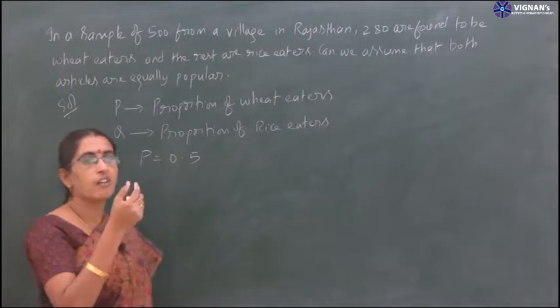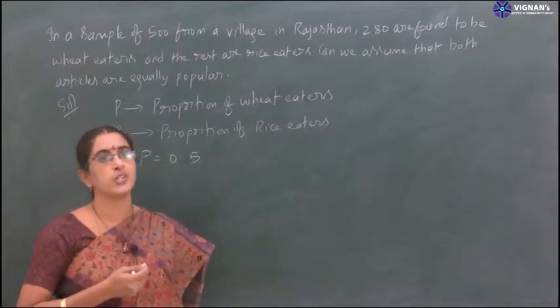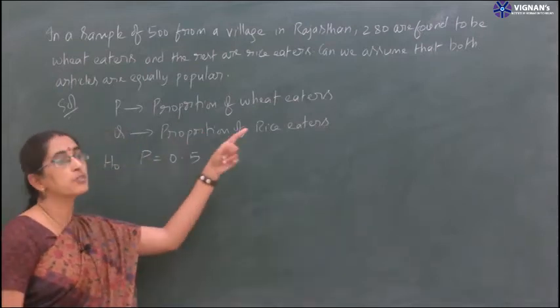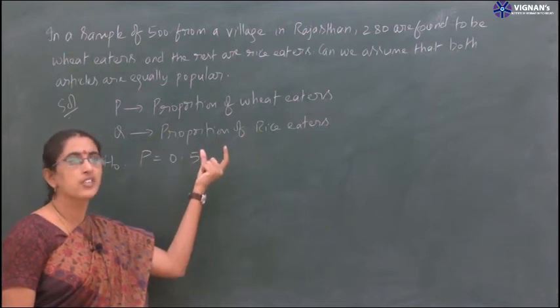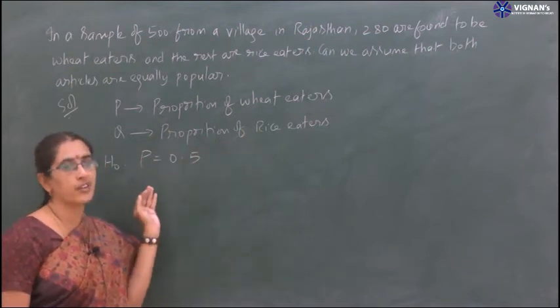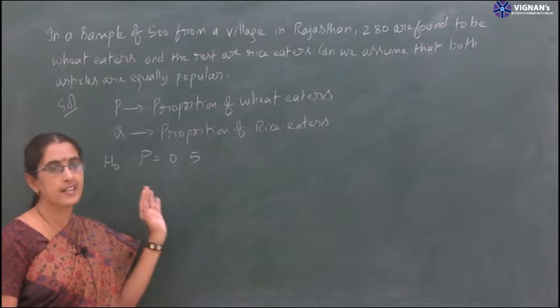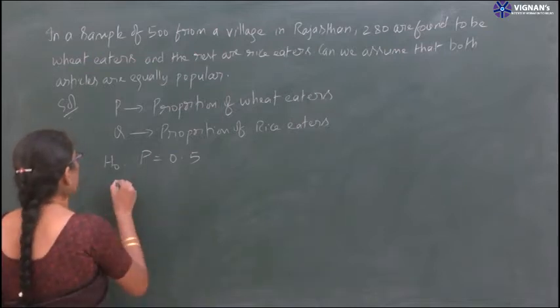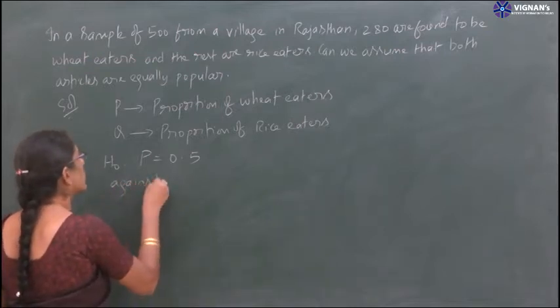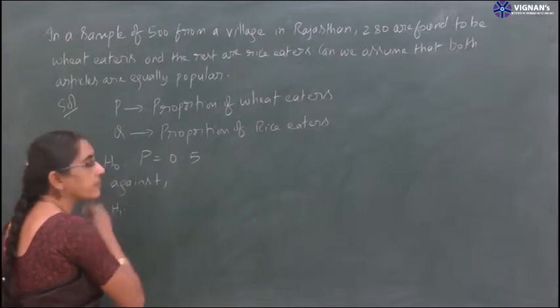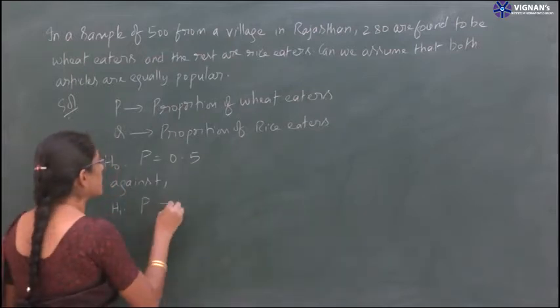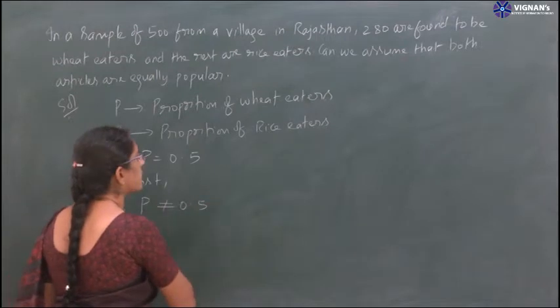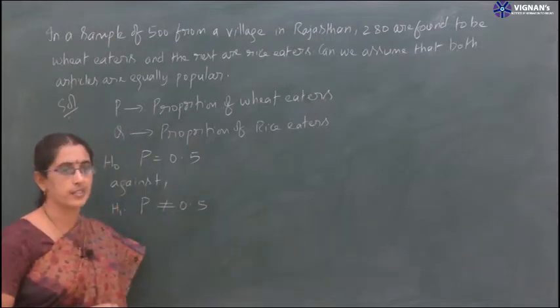Whenever they do not mention the value of population proportion, we have to assume that both the proportions have equal chance, so capital P is 0.5 by default. Now H1: there are no comparative words, so capital P is not equal to 0.5, that is the two-tailed alternative hypothesis.